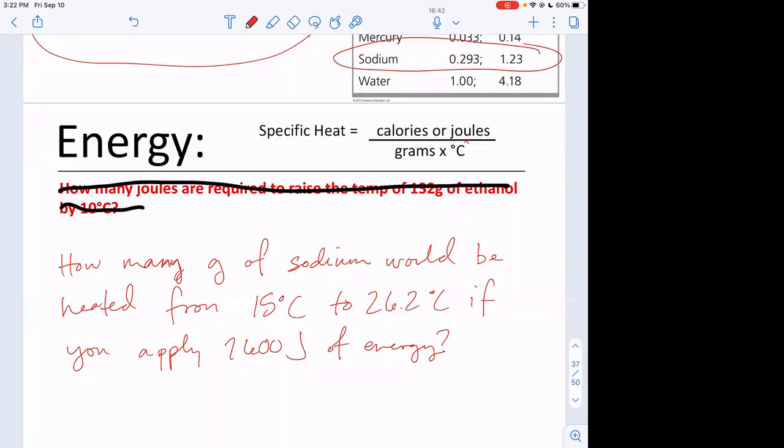So these problems freak me out when I make them up on the spot because I have no idea what the answer is going to be.